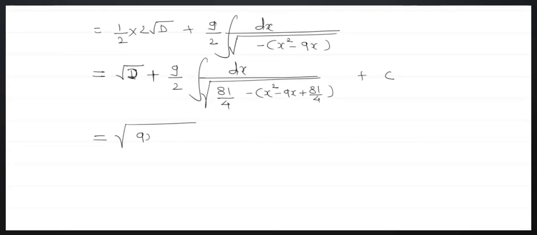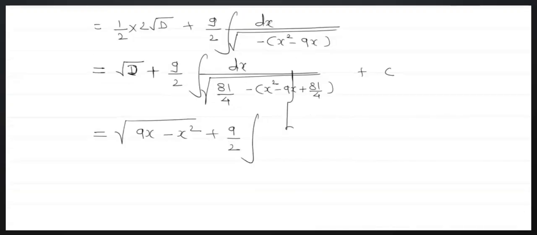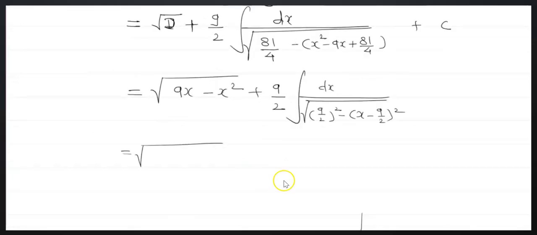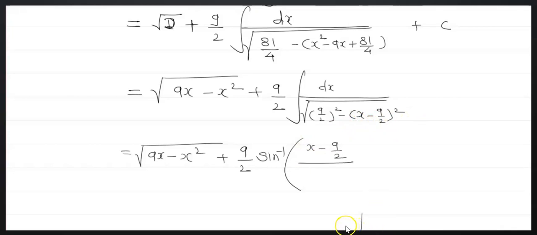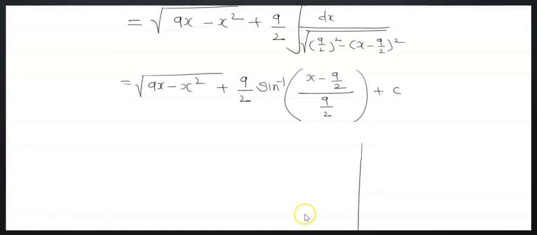Substitute the value of d, that is 9x minus x square, plus 9 by 2 integral dx upon 9 by 2 bracket square minus x minus 9 by 2 bracket square, and this is the sine inverse form: 9 by 2 sine inverse of x upon a, that is x minus 9 by 2 upon 9 by 2. Simplify it, plus c.